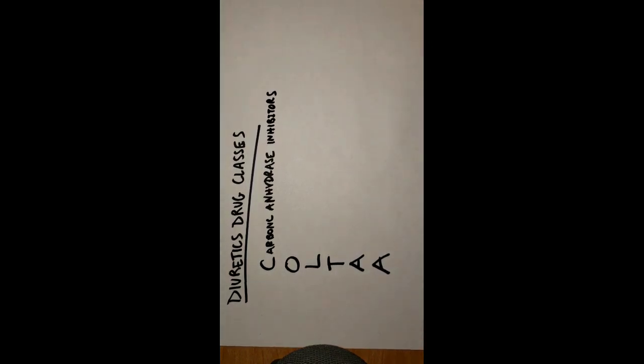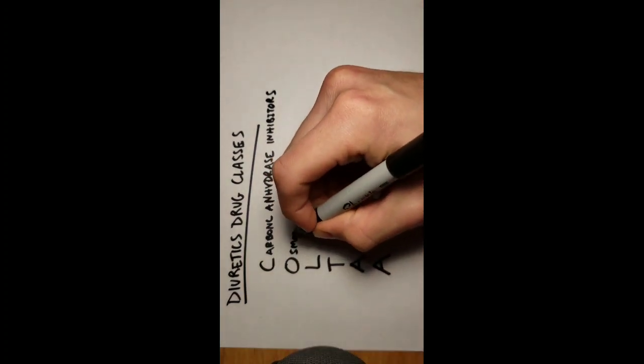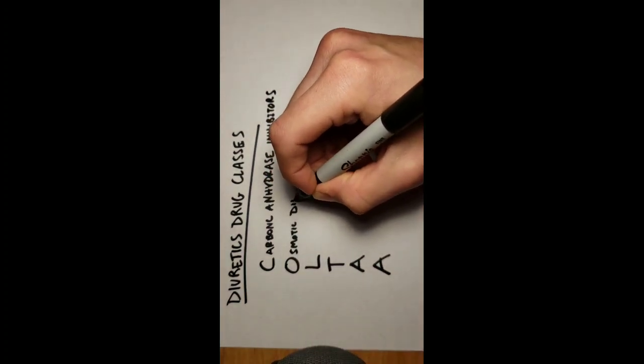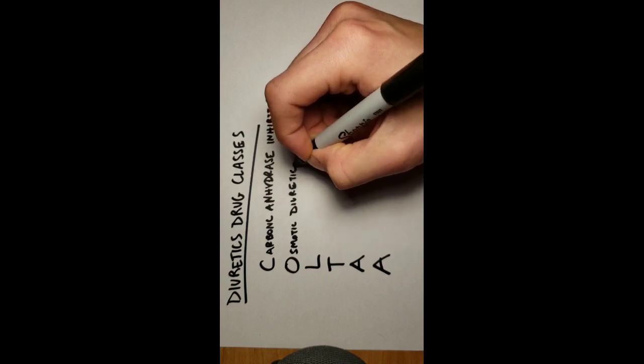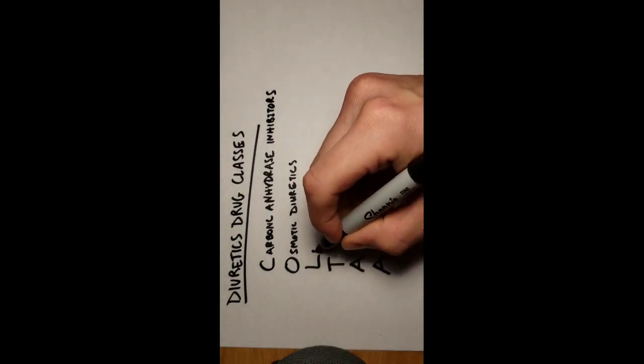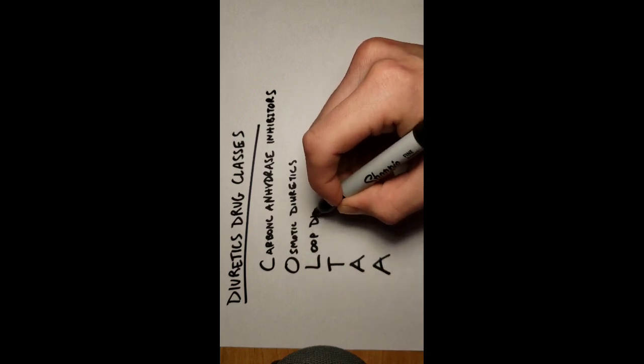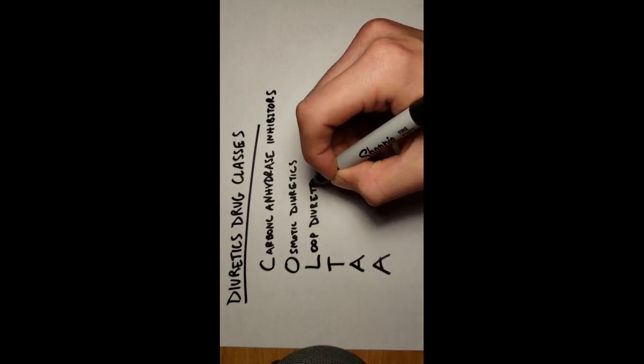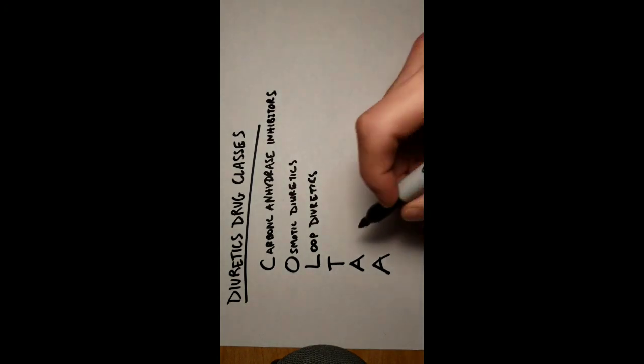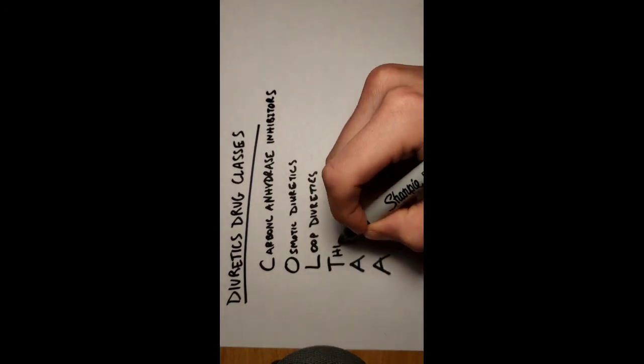The second one is osmotic diuretics. The third one, L, is loop diuretics. These are usually the most common. Then we have thiazide diuretics.